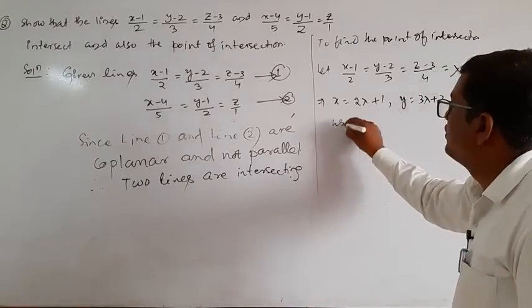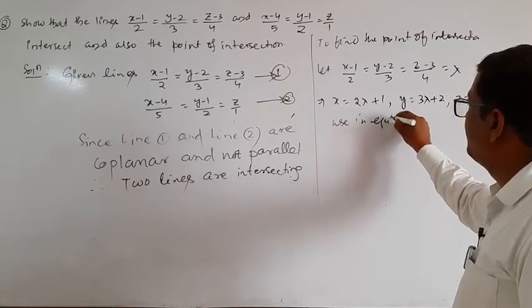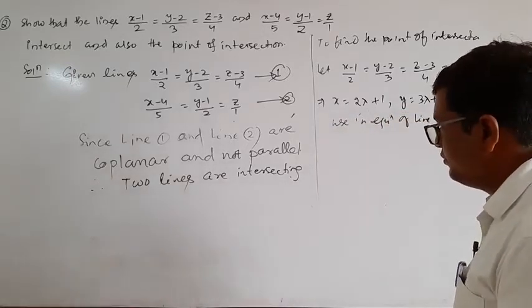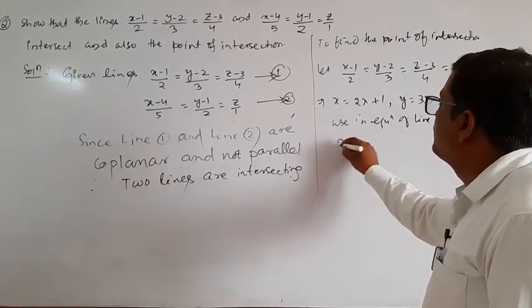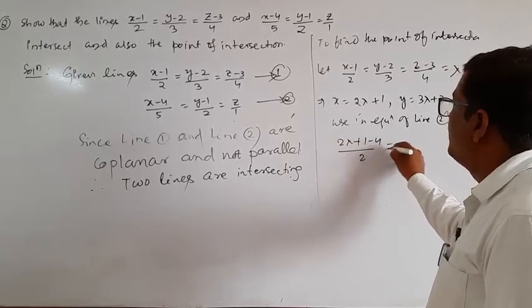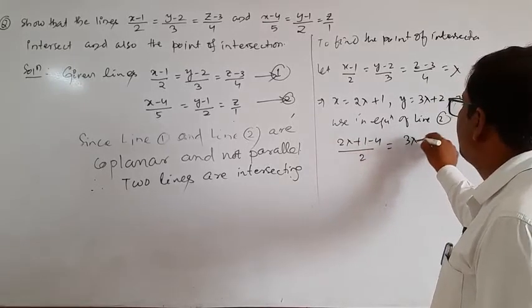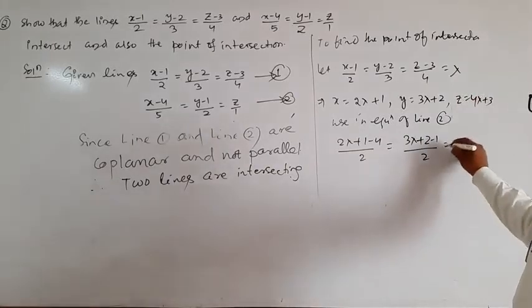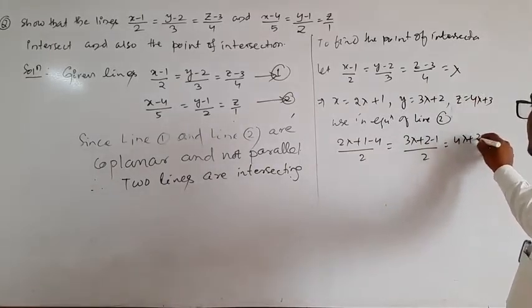Use it in the equation of line 2. So x means (2 lambda plus 1 minus 4)/2 is equal to y means (3 lambda plus 2 minus 1)/2, and z is equal to (4 lambda plus 3)/1.